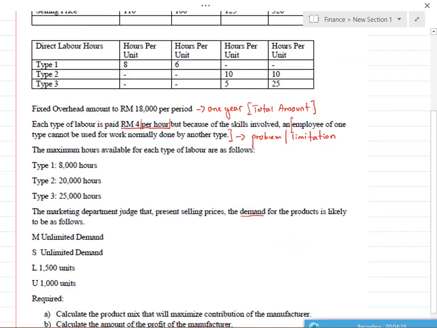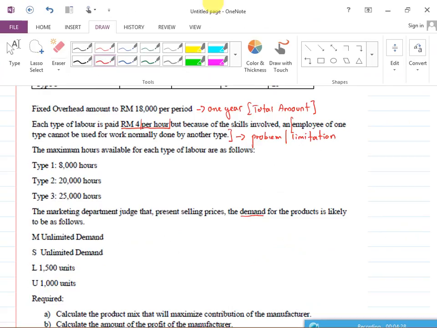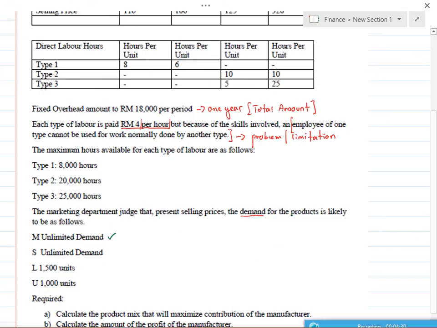M, unlimited demand. When you say unlimited demand, do you have any problem? Infinity, right? No problem. S also unlimited demand, so no problem. But over here, L 1500 units, U 1000 units.